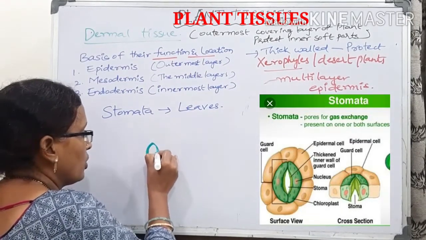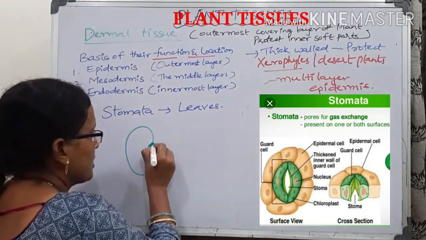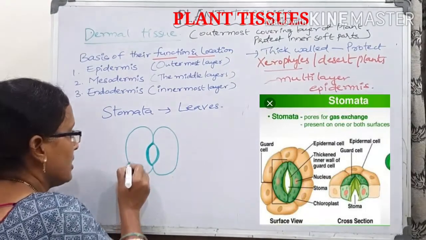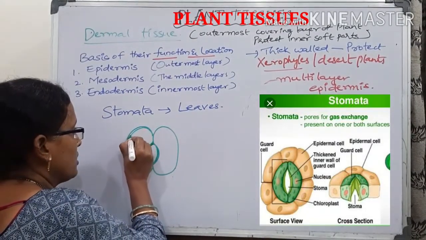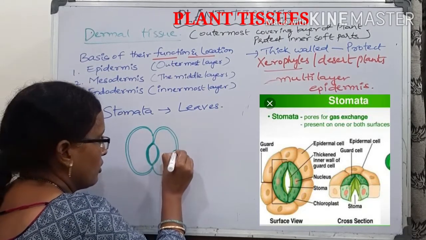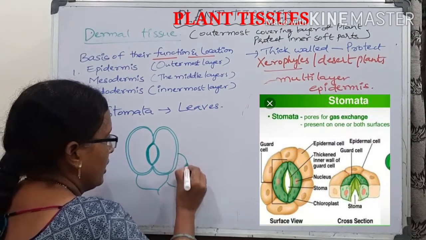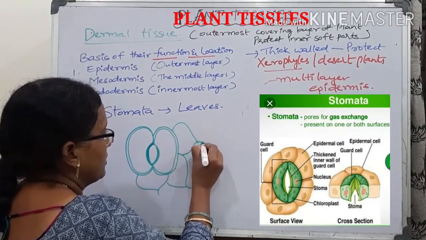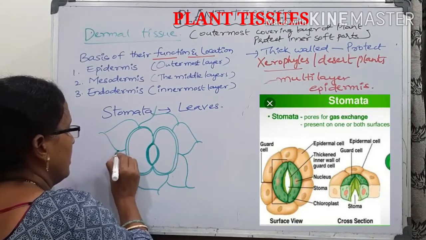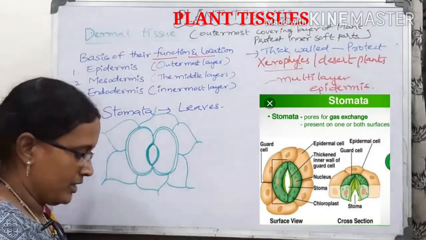This pore is surrounded by two kidney shaped cells. These are called guard cells, and they are protected by epidermal cells.